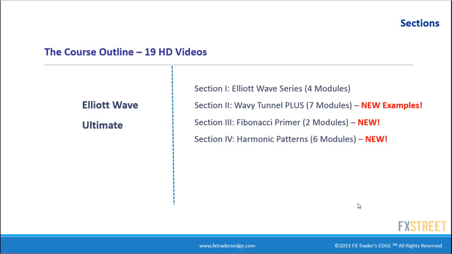So there are 4 courses in one. And it's all in the back office, in the members area. We have section 1, the Elliott Wave series, section 2, the Wavy Tunnel Plus, section 3, the Fibonacci Primer, and section 4, Harmonic Patterns. It is so comprehensive with numerous examples, and we have live webinars to go along with the modules.